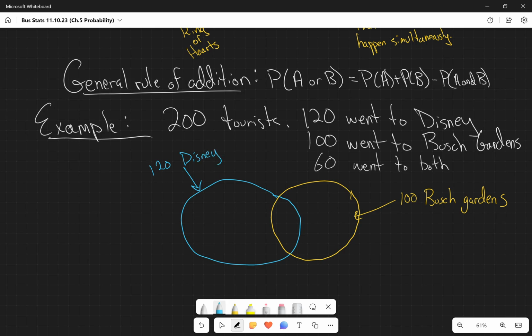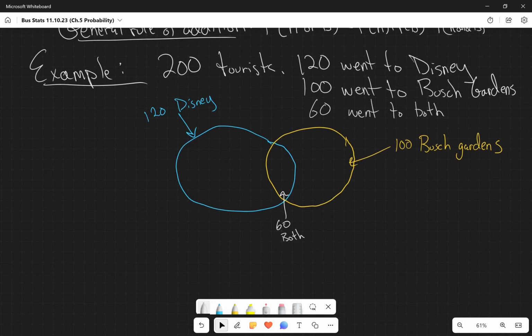And then within that total amount of people, 200 people, we know that 60 of them went to both. So how do we calculate the probabilities of each of these three sections of the Venn diagram?